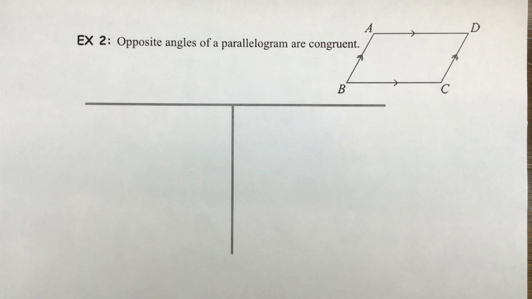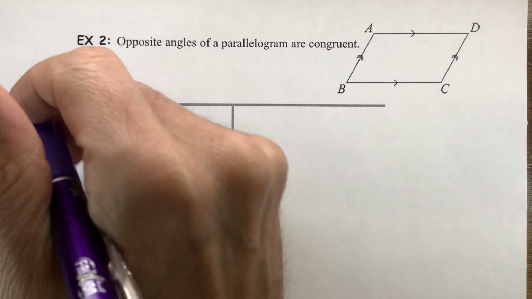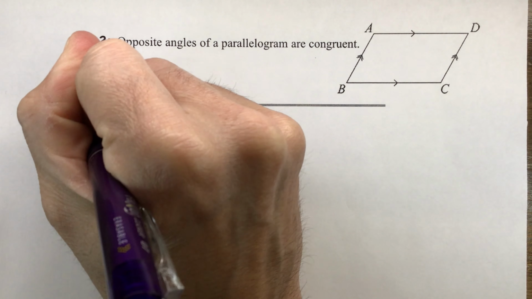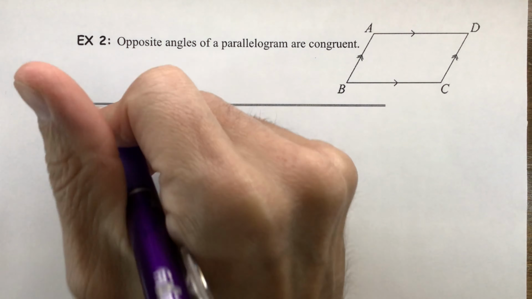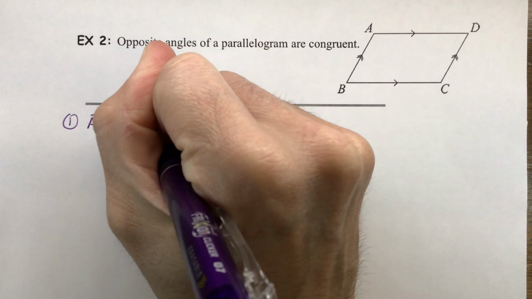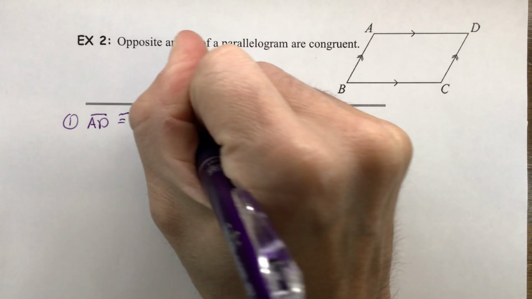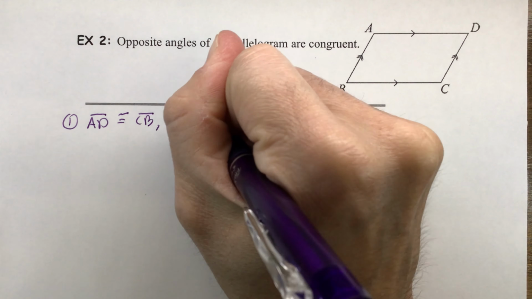A slightly quicker approach at doing this would be to use the proof that we just did. Okay, the opposite sides of the parallelogram are congruent. So for my very first step, instead of talking about the sides being parallel, what I'm going to do is write down that AD is congruent to CB and AB is congruent to CD.